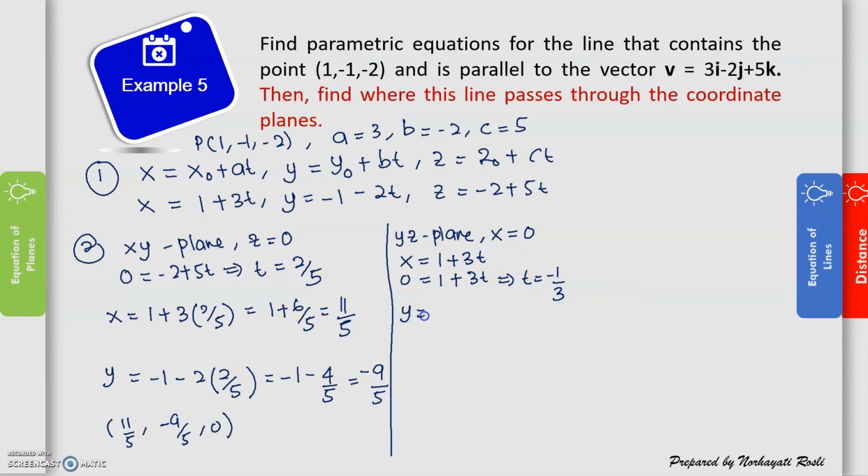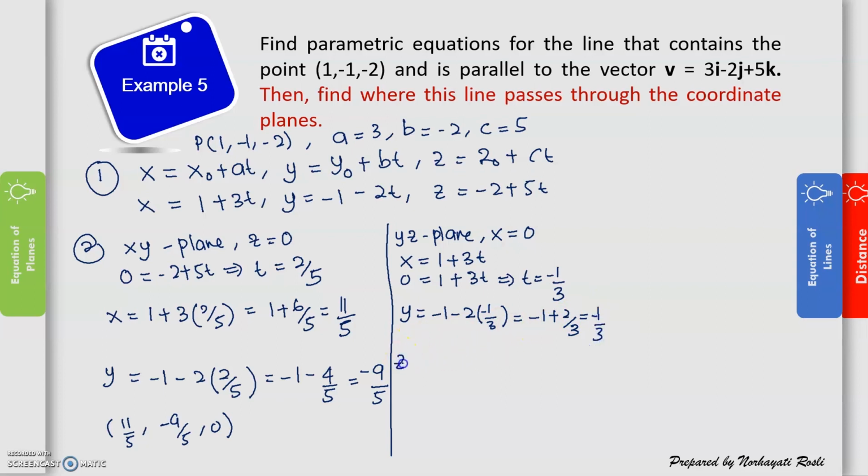For y, we have the equation negative 1 minus 2t, so we substitute t with negative 1 over 3. So we have negative 1 plus 2 over 3, which gives y equal to negative 1 over 3.